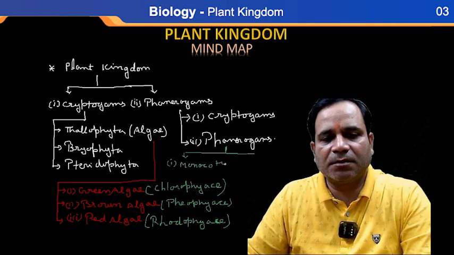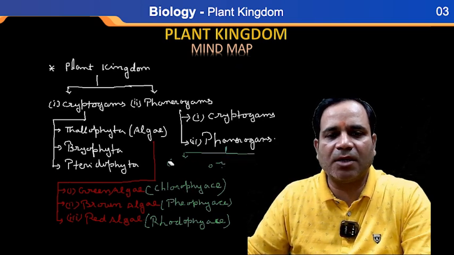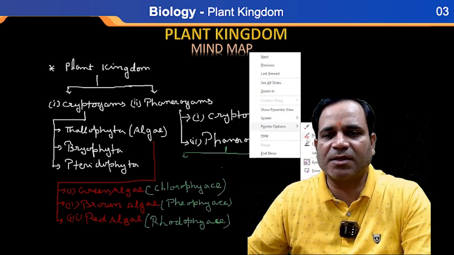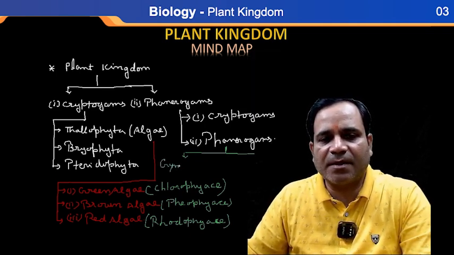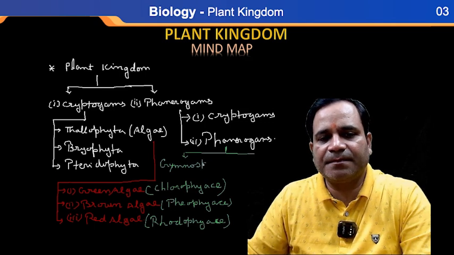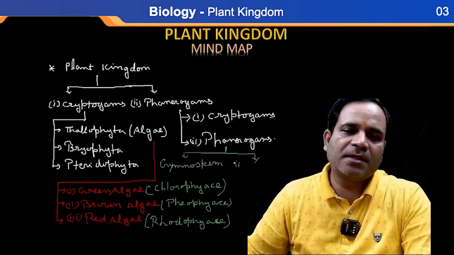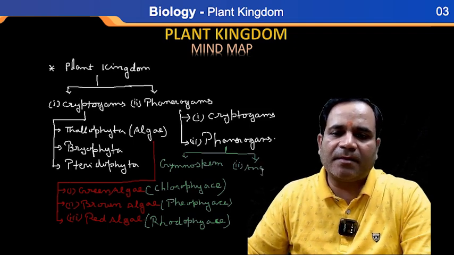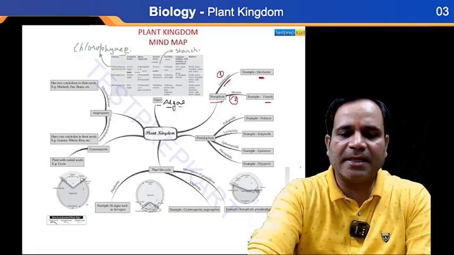First gymnosperm, then angiosperm. Phanerogams are divided into gymnosperm and the second one, angiosperm.